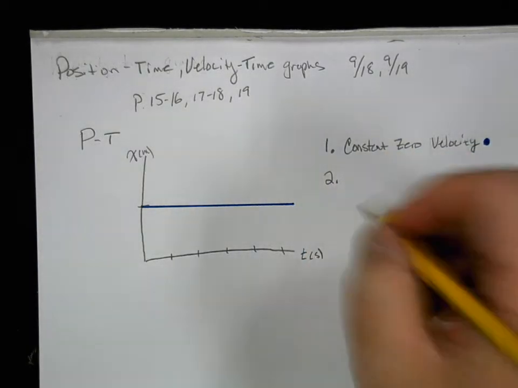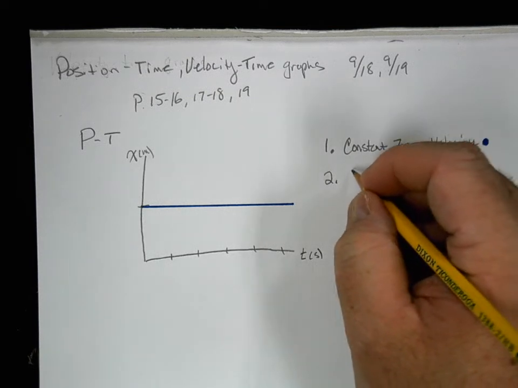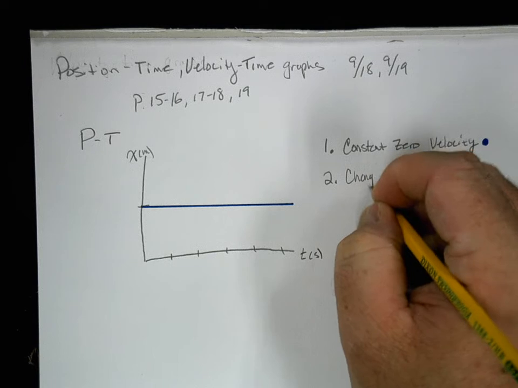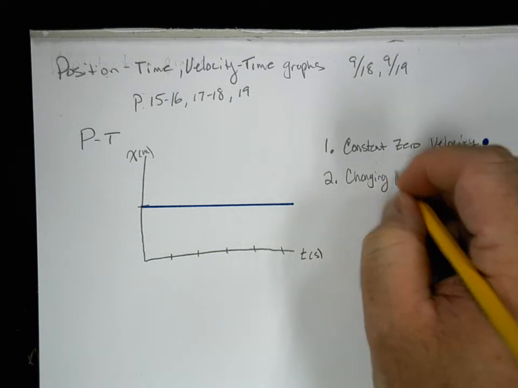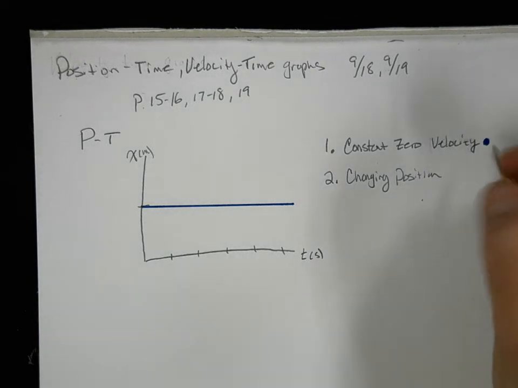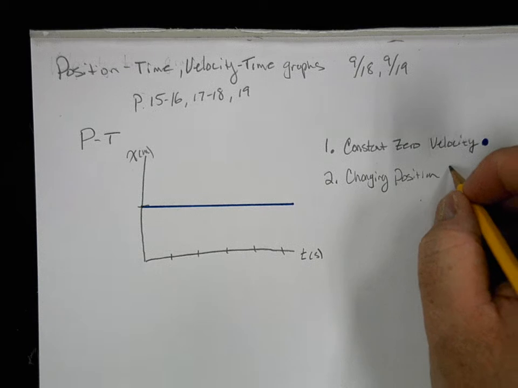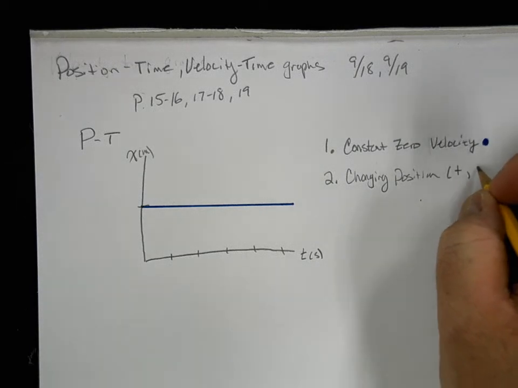The second one is if we have a changing position. Then it can either be positive or negative.